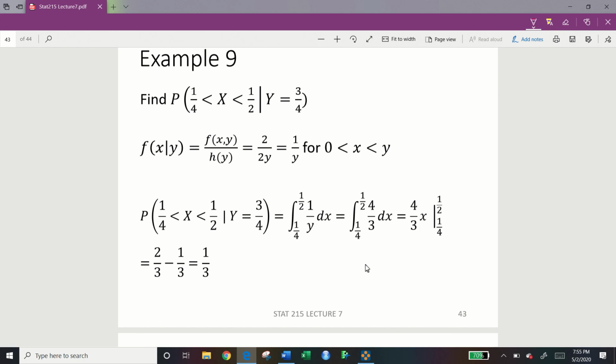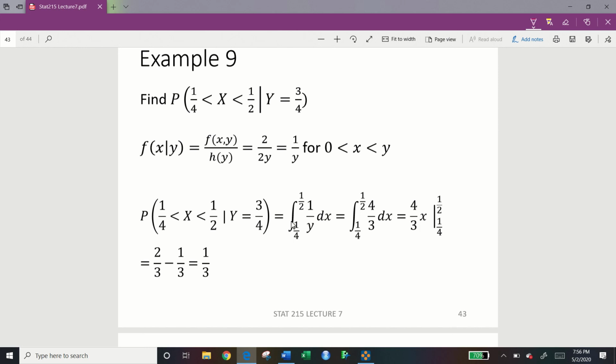So we know that f of x given y is going to equal f of x comma y over h of y. We know f of x comma y is 2 and h of y is 2y from our previous slide. This means we will have f of x given y as 1 over y for 0 less than x less than y.